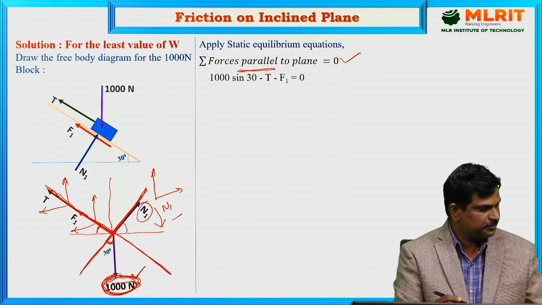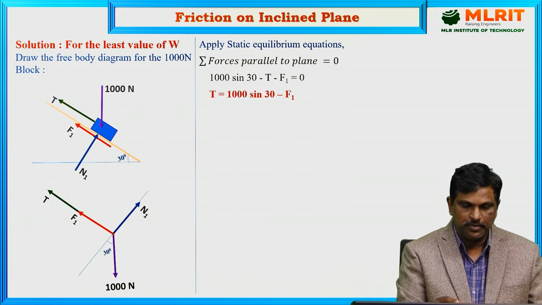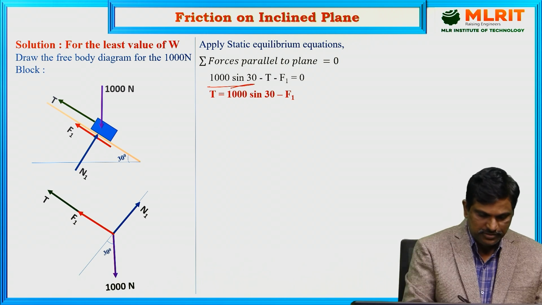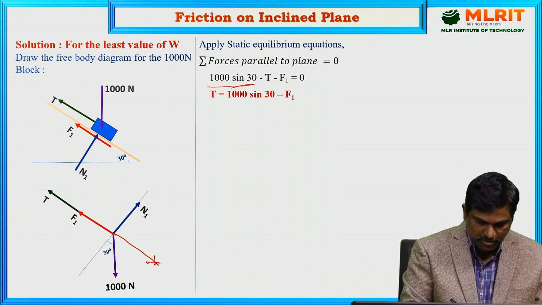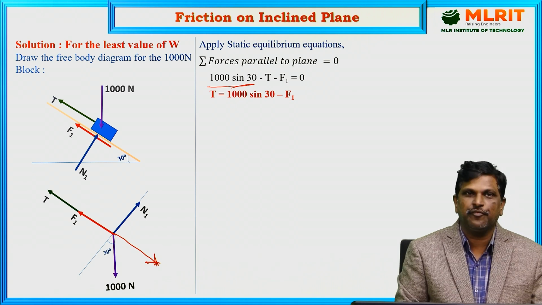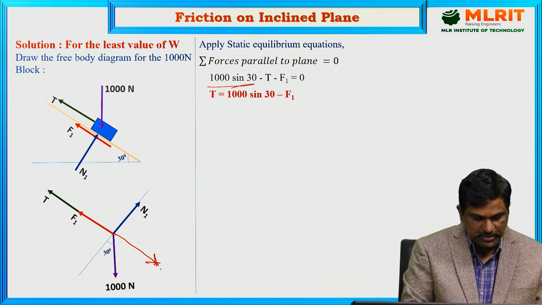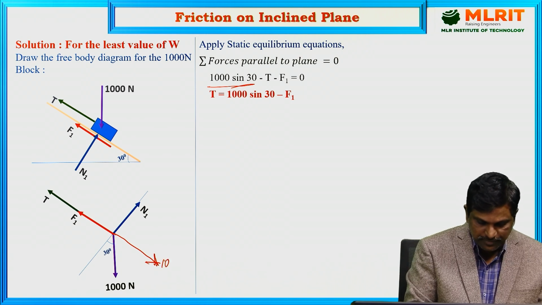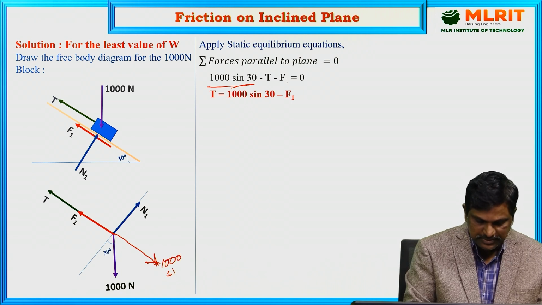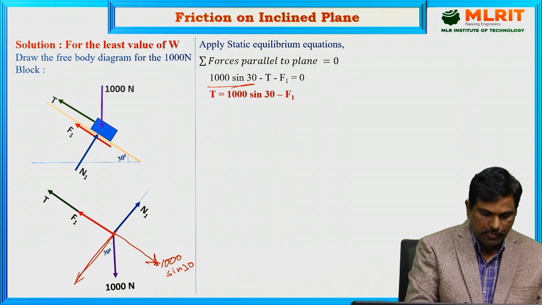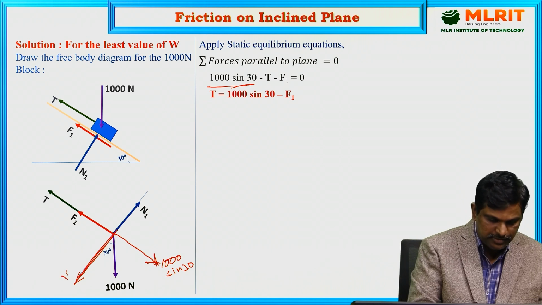The equations are: if you resolve the 1000 newton weight, its along-the-plane component, or parallel-to-plane component, is 1000 sine 30, and its perpendicular-to-plane component is in the downward direction, opposite to N1, and its value is 1000 cos 30.